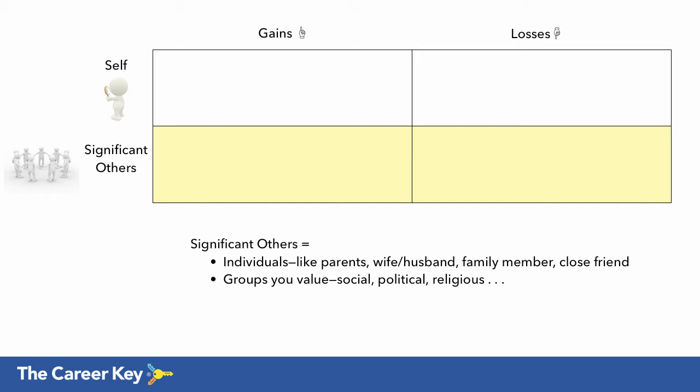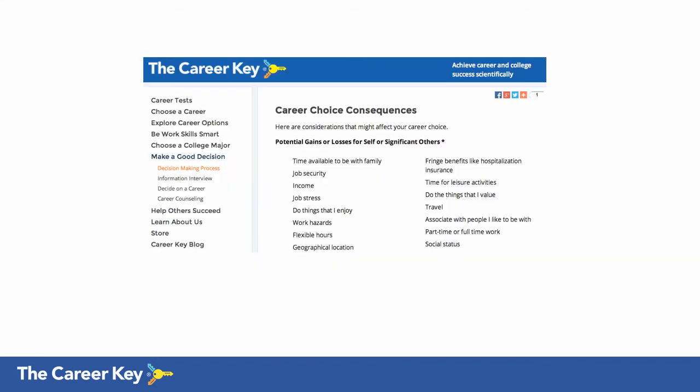What would they gain or lose by your choice? Here are some possible potential losses or gains that you might consider in completing your decision balance sheet. Things like job security, flexible hours, and social status.